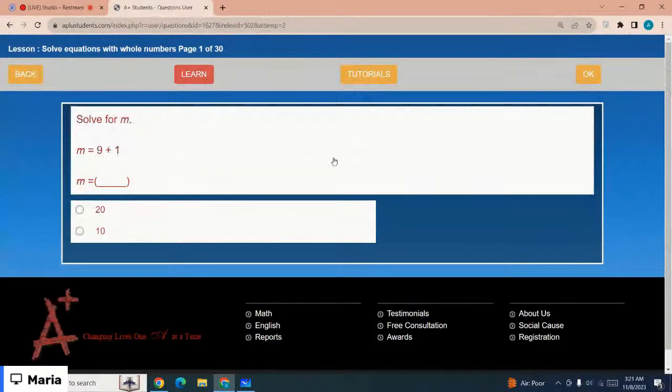Everyone, can you hear me? Okay, solve for m equals 9 plus 1, so which is the correct option?